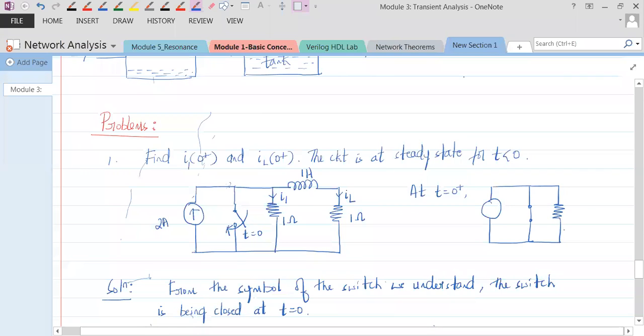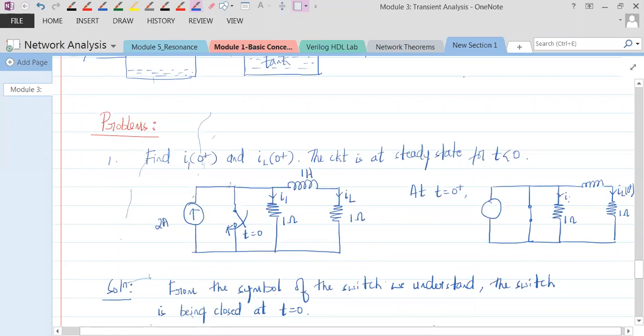This is the 1 ohm resistor. Let's write this as the inductor only. Let's not bother much about that, it is not going to do anything anyway, because we have already found IL of 0 plus. So what is here?